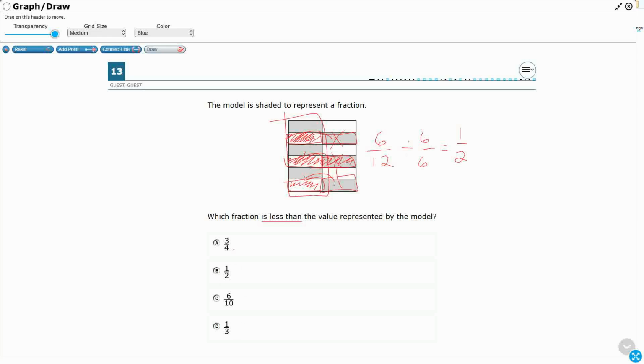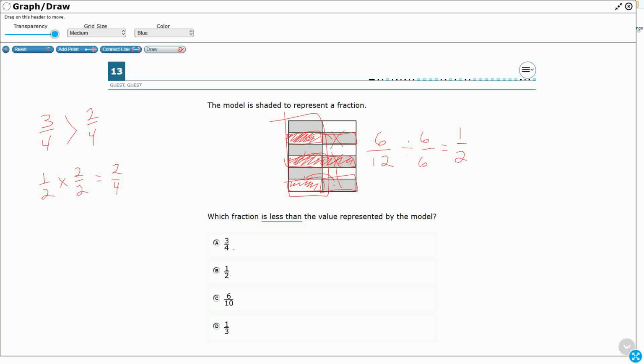So let's compare 3/4 and 1/2. The least common multiple is 4. If I count out my 2's, I will get to 4. 4 is already in 4, so let's just make this 2/4, okay? And so 2/4 is less than my 3/4.